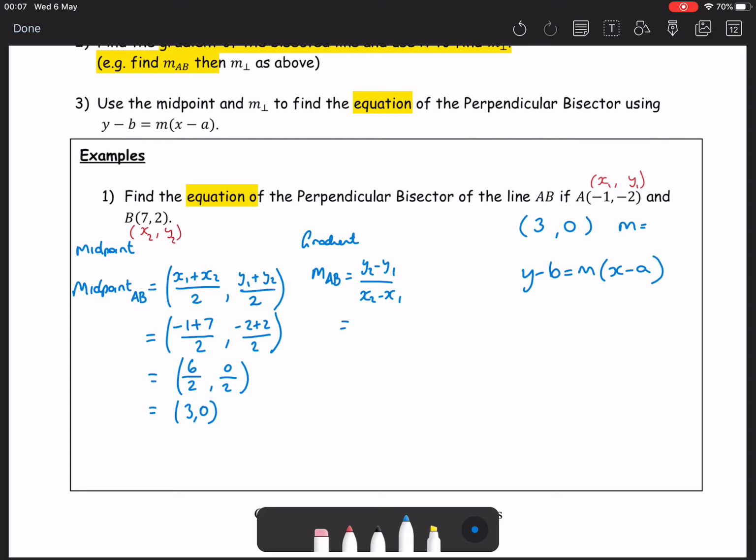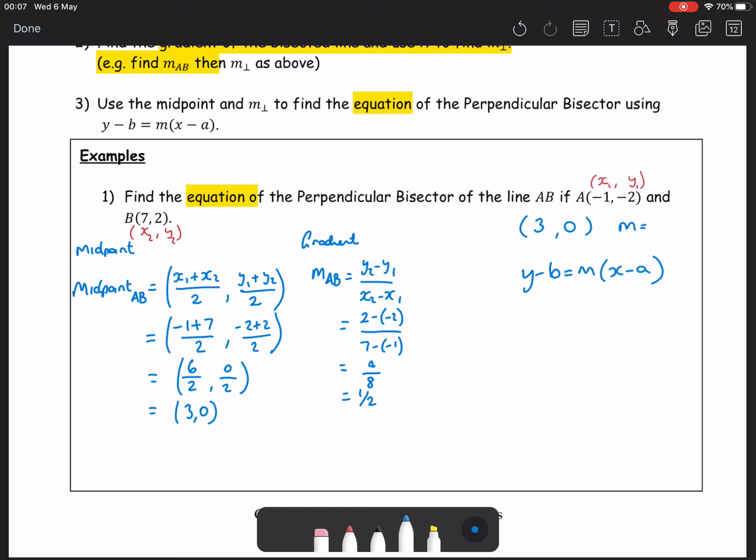Points are marked accordingly. 2 minus minus 2 over 7 minus minus 1, 4 over 8 is equal to a half. So this gives us the gradient of AB.